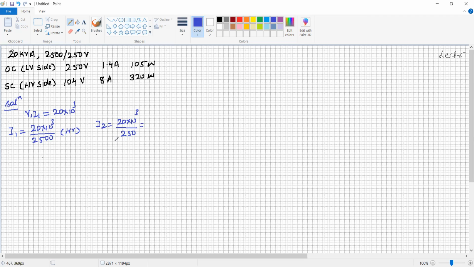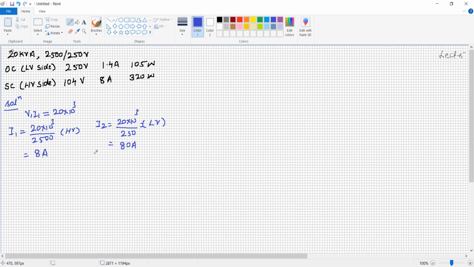So it will give the LV current, whose value is equal to 80 ampere, and I1 is equal to 8 ampere.